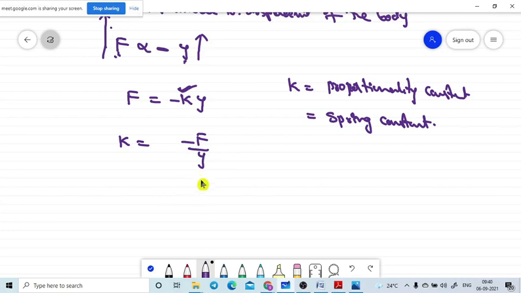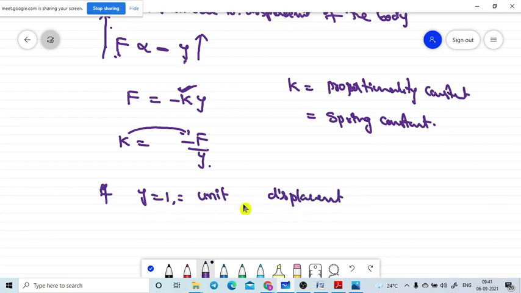To define this, if Y is equal to 1, then K is equal to F in magnitude. What is meant by Y? Y is displacement.